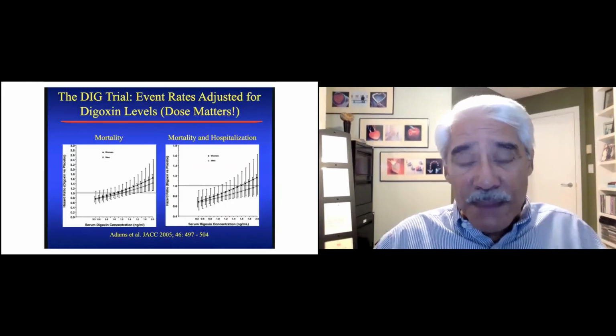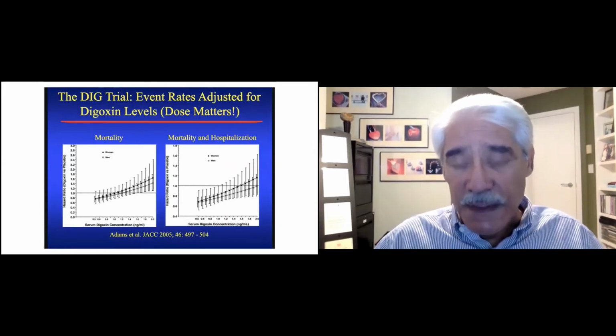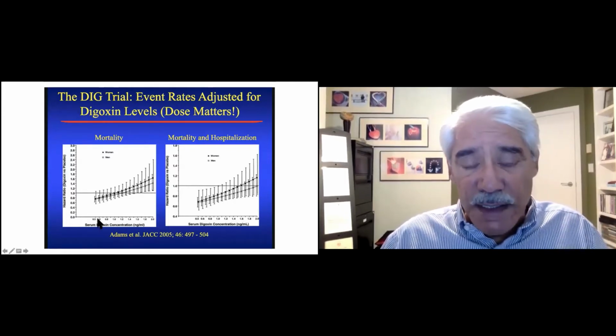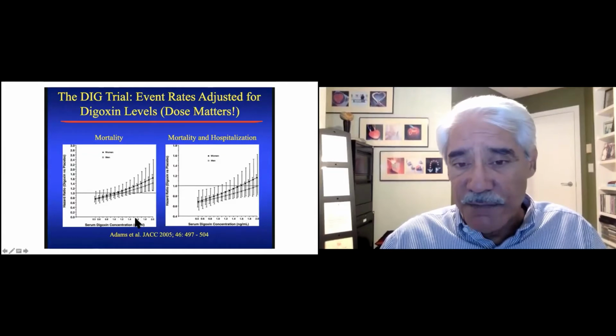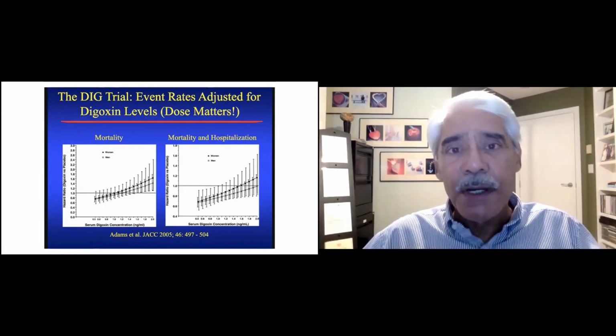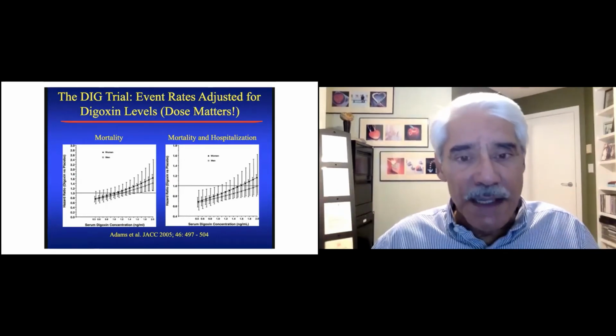But the problem is that when this data was evaluated further, there was this evidence that as you look at the patient's digoxin level, and we are looking at levels within the therapeutic range. We're not talking about digoxin toxicity. We're talking about digoxin in the therapeutic range.